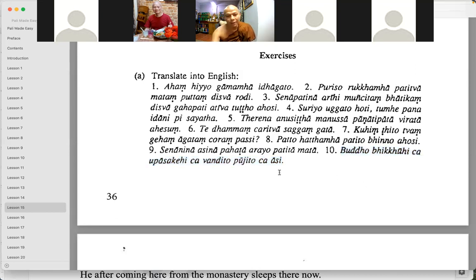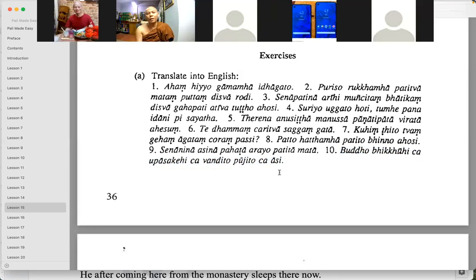So now we finish the past participle, exercise A. So you see, in Pali Made Easy, we are not just teaching the grammar, but practicing how to translate or understand Pali sentences, and also English sentences, how to translate into English, into Pali also.